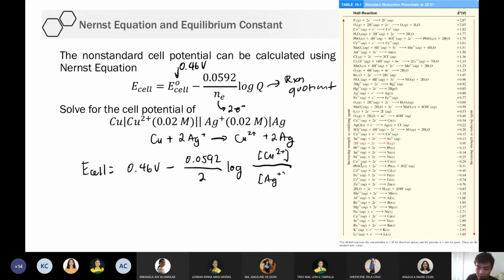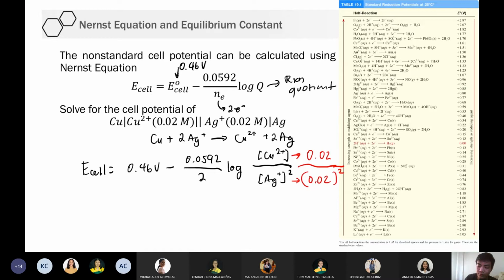Ag+. And don't forget, the coefficients are converted to exponents. So, may 2 yan. So, gawin mong square. Okay. What is concentration ng copper 2+? Sabi sa problem, 0.02. Yung Ag ay 0.02 pero naka-square.